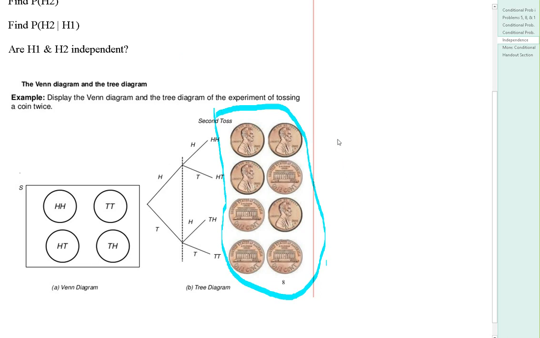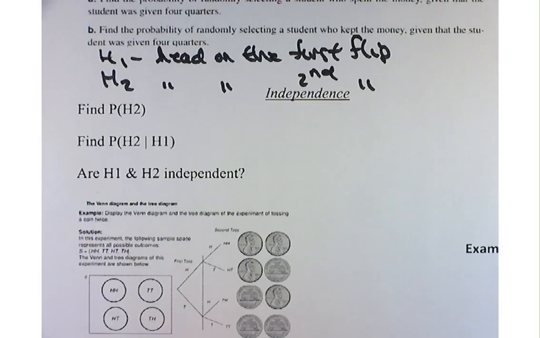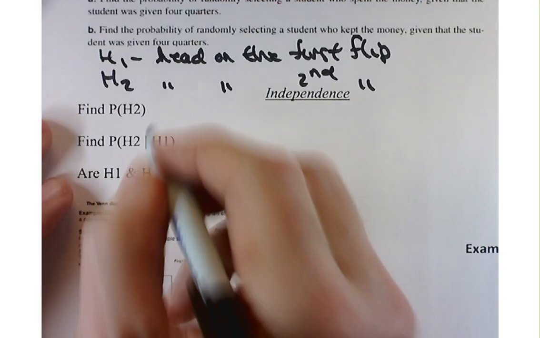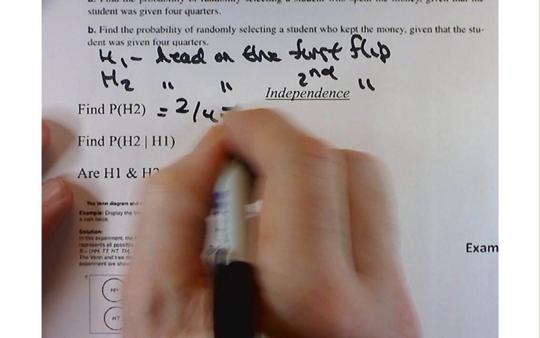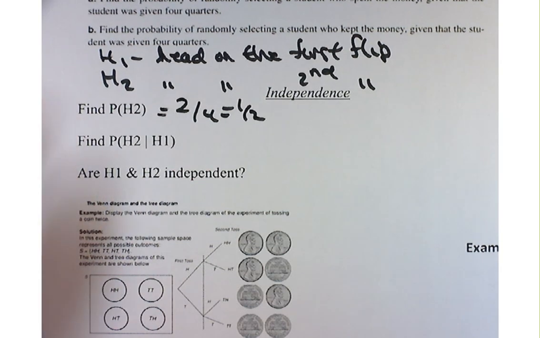There's 1, 2, 3, 4. Remember, each event is flipping a coin twice and looking at the results. So these are 4 things that can happen. How many of them result in a head on the second flip? 2 out of 4, which I'd be happy to see as 1/2.